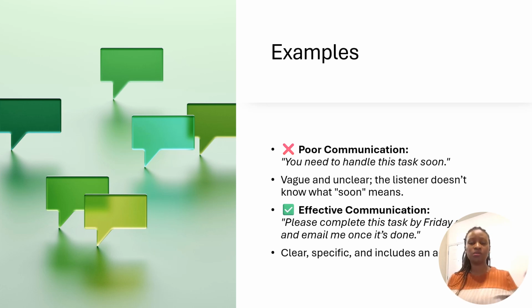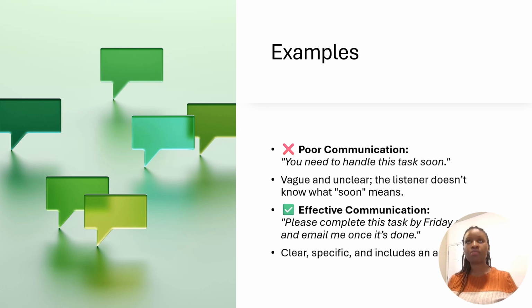Effective communication would be telling someone, please complete this task by Friday. And not only that, but also giving an action to take once it's done: email me once it's done, or put it on my desk once it's done. Being clear, specific, and including an action is very good communication.